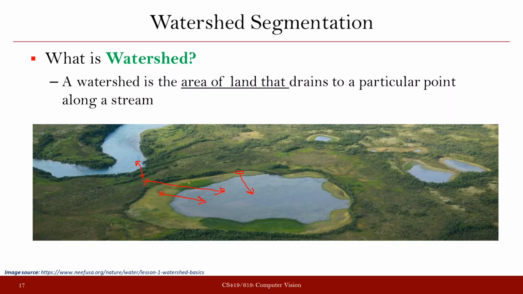So in this whole region, we see that there are some points for which, if the water drop falls there, the water will be accumulated at a common point.